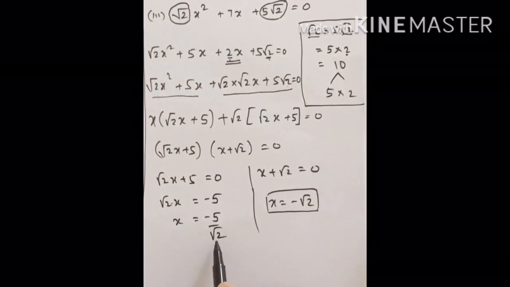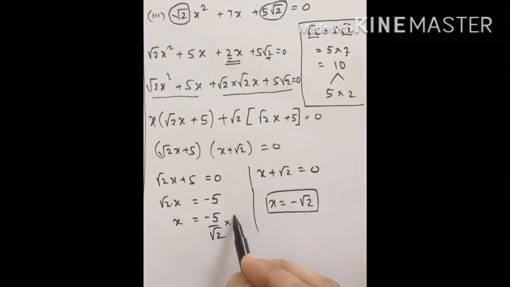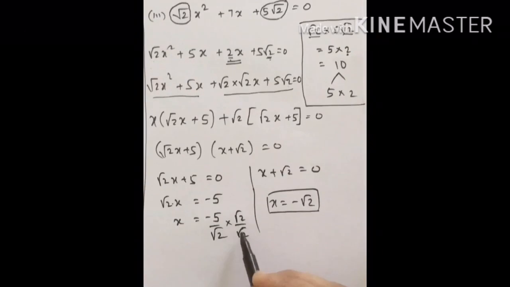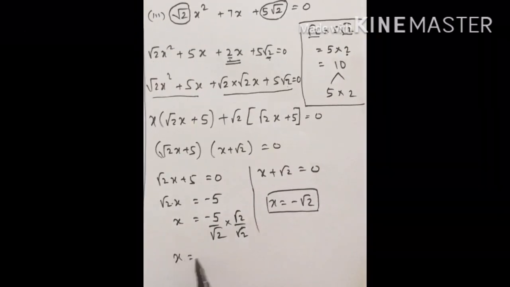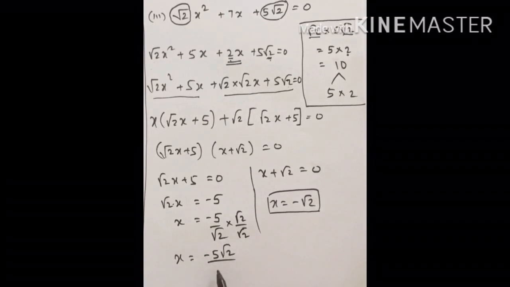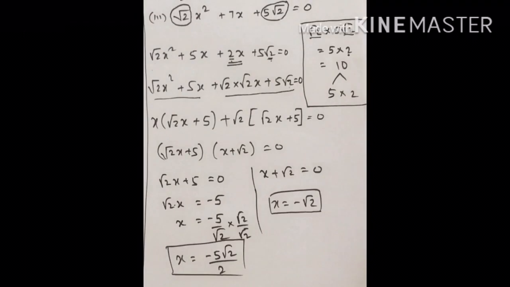So always remember there should not be an irrational number in the denominator. So how to take out that irrational number? By rationalizing the denominator. Multiply by root 2 and divide by root 2. The same number you have to multiply and divide. Minus 5 root 2 divided by root 2 into root 2 is 2. So this is the answer of the third question.